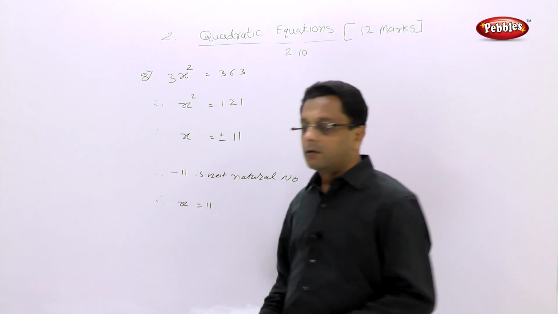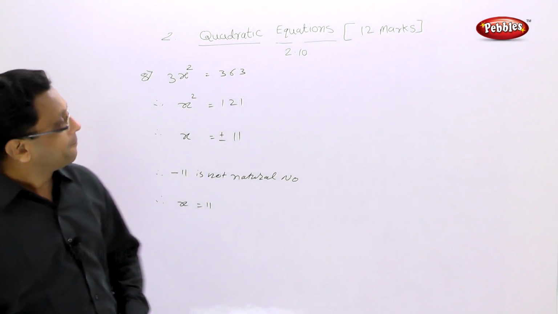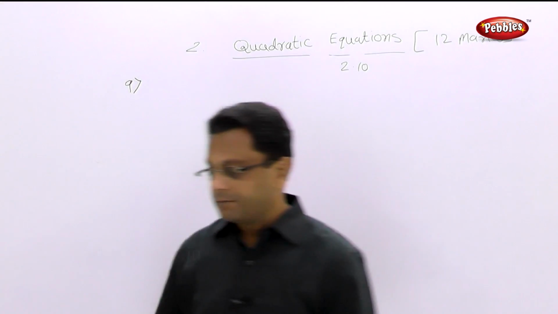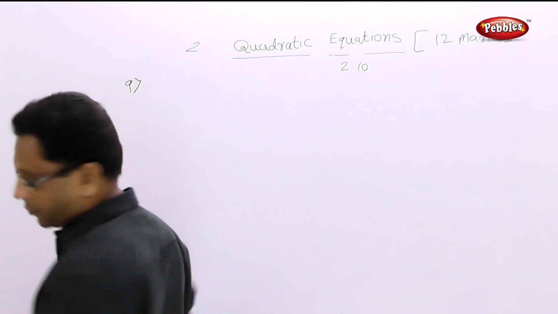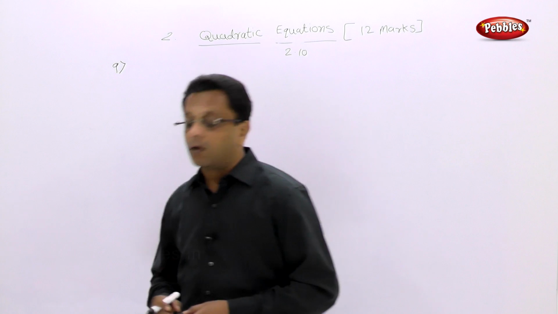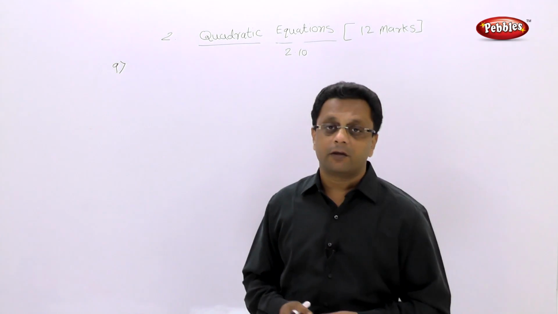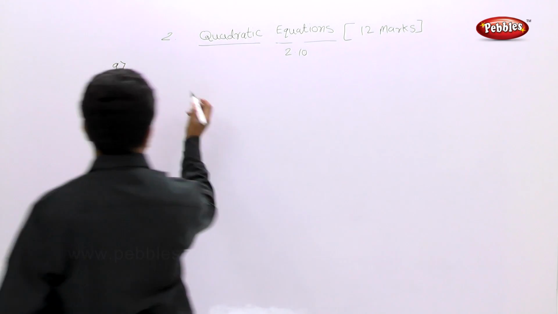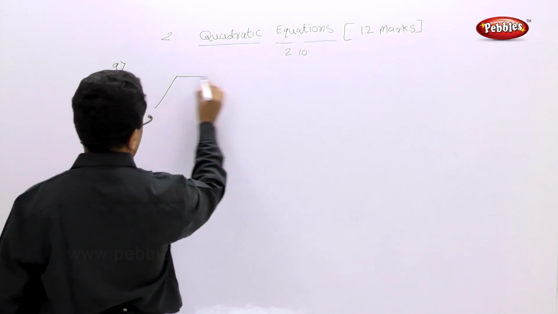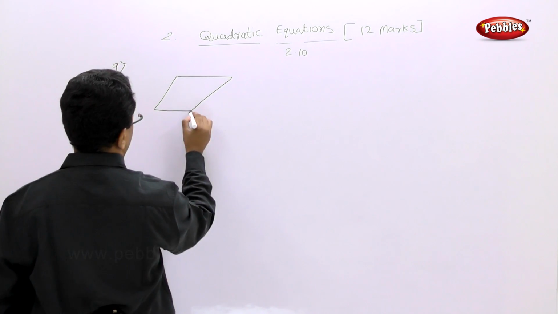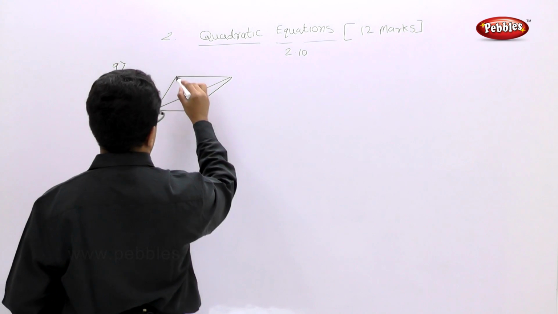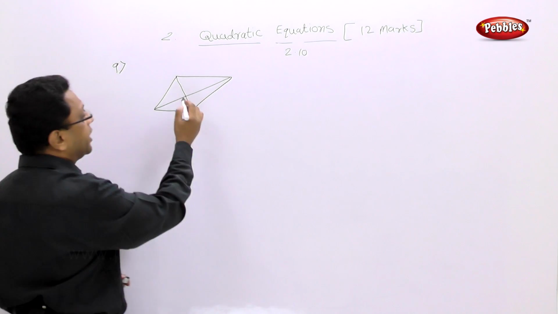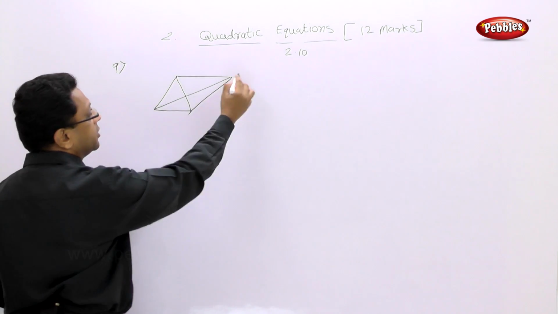And as an answer you can write that the required number is 11. So let's go ahead. The examples are very easy. Let us take the 9th sum. The length of one diagonal of a rhombus, again a geometrical figure, so we have to draw that figure. This is one diagonal, this is the other diagonal.